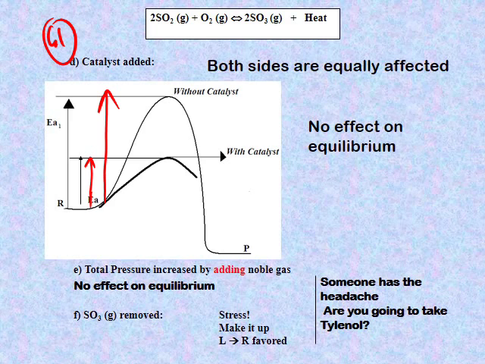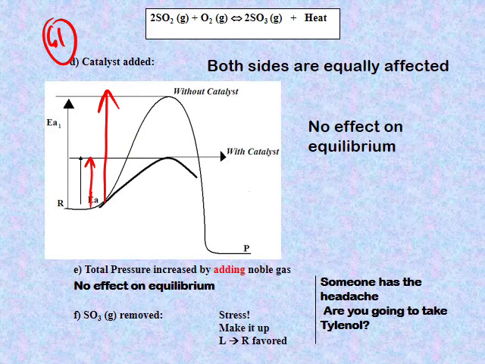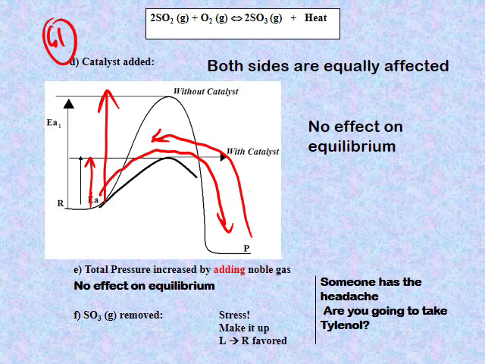But reaction happening faster doesn't necessarily mean that there'll be any change in equilibrium constant. Actually, reaction happens faster in both directions, from left to the right as well as right to the left. So overall, there'll be no effect on equilibrium, even if the rates are going faster.